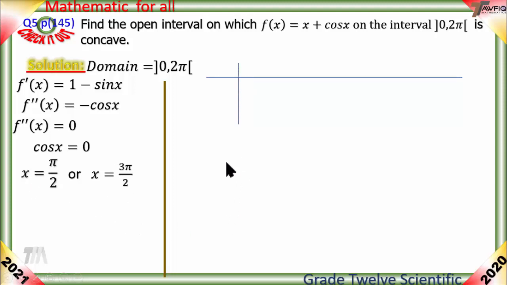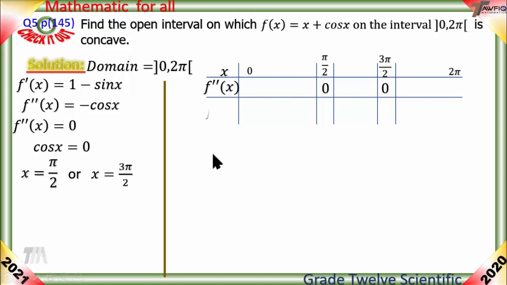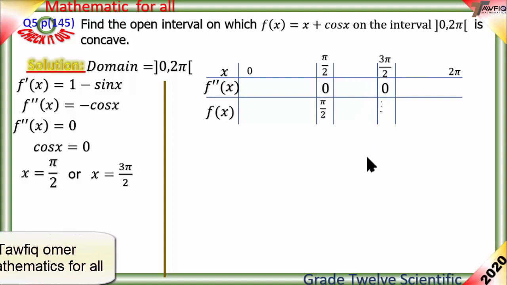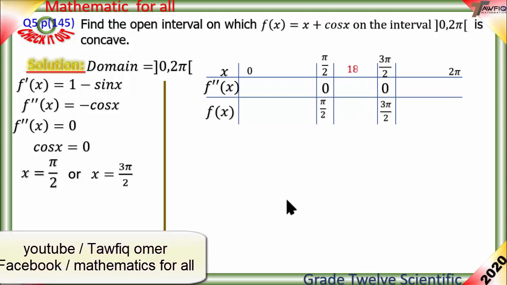And now draw the table of values from 0 to 2 pi, and we have two values, pi over 2 and 3 pi over 2, and the value of the second derivative at these 2 points is 0, and the value of f(x) at pi over 2 is pi over 2, and at 3 pi over 2 is 3 pi over 2.